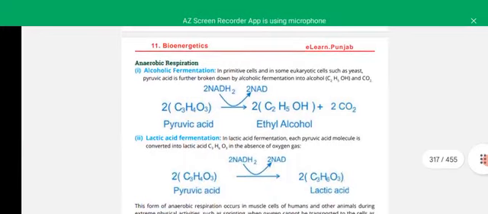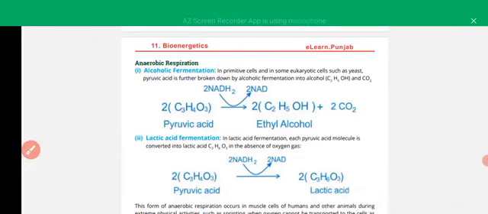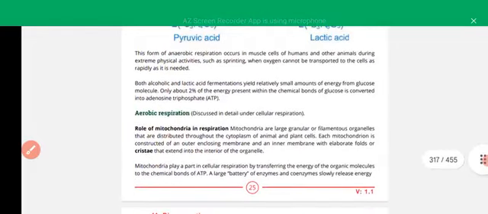Here is the aerobic respiration, and here the pyruvate is converted into ethanol in alcoholic fermentation, and here is lactic acid fermentation, in which pyruvic acid is converted into lactate, and two molecules of NADH2 are oxidized in this process. These are the important chemical reactions.